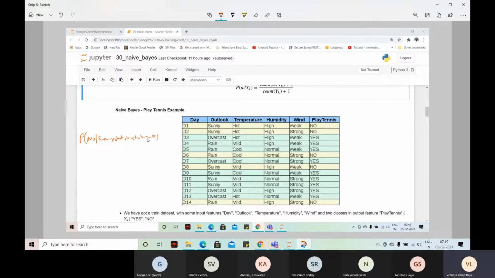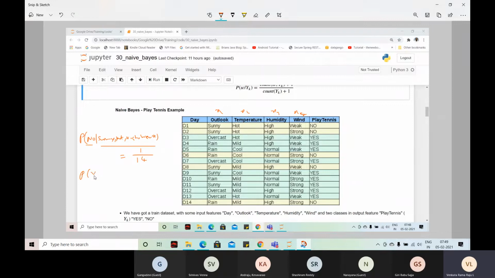All these four variables: x1 is equal to something, x2 is equal to something, x3 is equal to something, and x4 is equal to something. So this is equal to 1 by 14. Out of all the test records, out of 14, it is only one combination. This particular thing will happen only once.